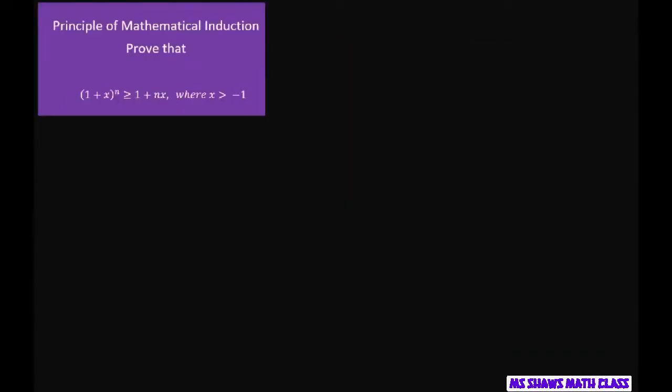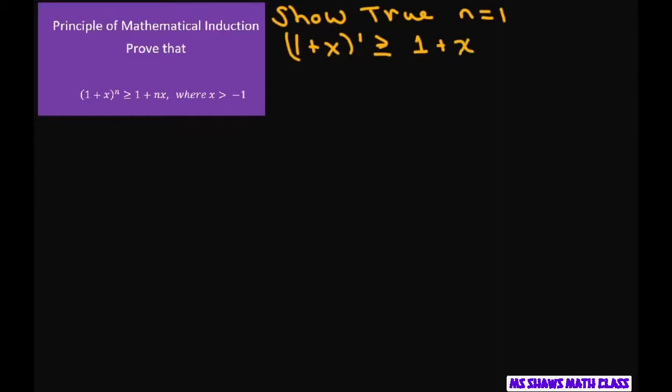First thing we want to do is show that our statement is true for n equals 1. So you plug in 1 to both sides here, you get (1 + x) to the first power is greater than or equal to 1 plus 1 times x, which is just x.